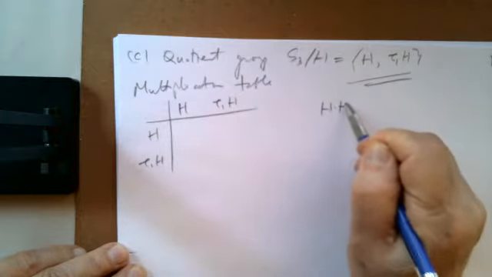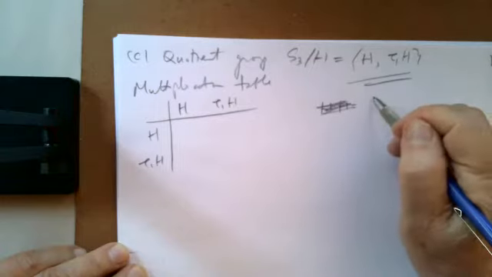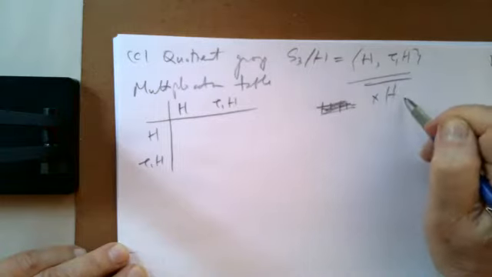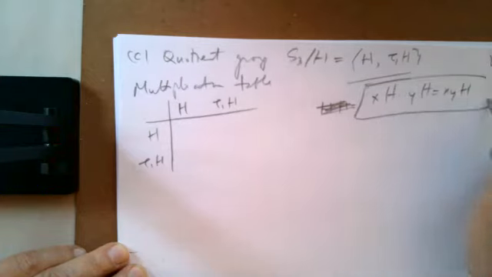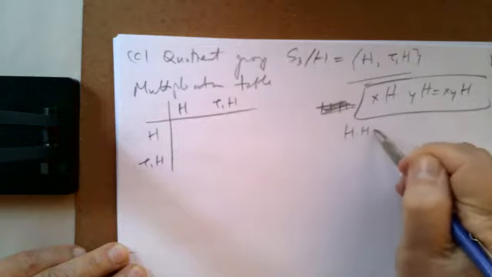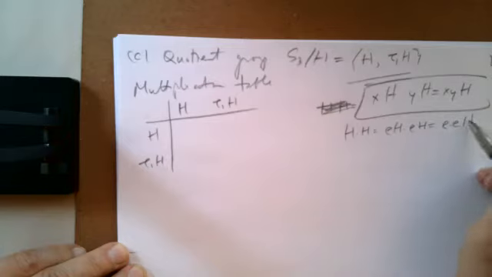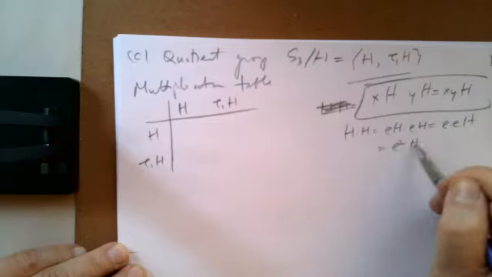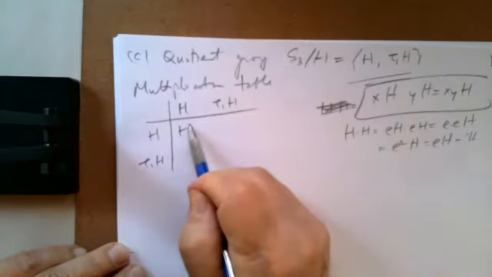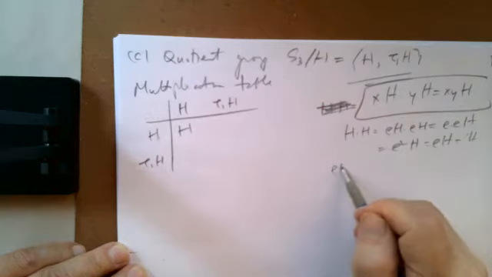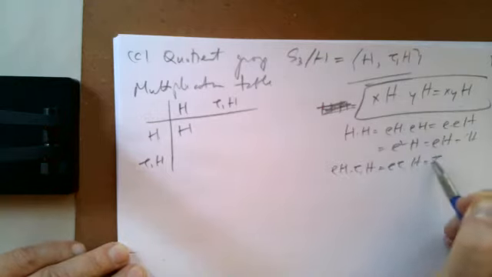H times H. So remember, what's the rule for multiplication of cosets? It's always, when you have a normal subgroup, XH times YH is XYH. So H times H, that's EH, if you like, times EH. That's E times E, H, which is E squared H. E is the identity, which is H. H times H is H. EH times tau 1H is E tau 1H or tau 1H.